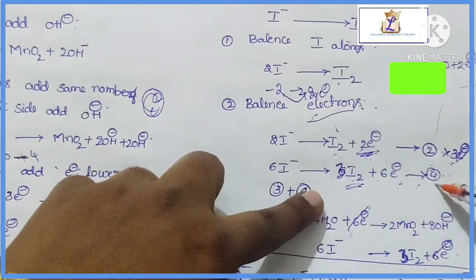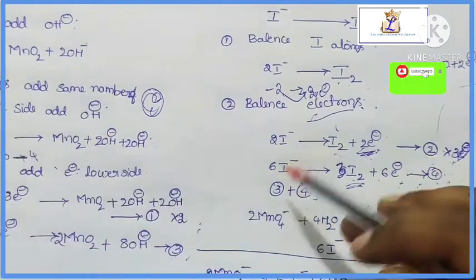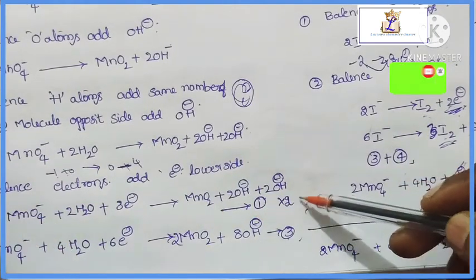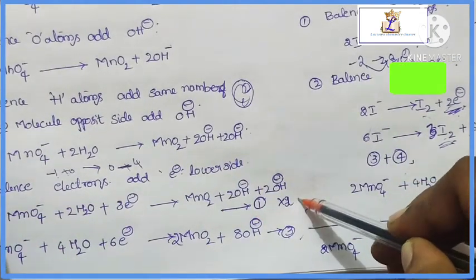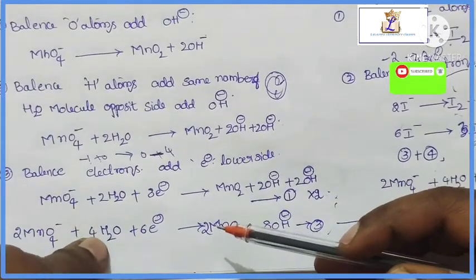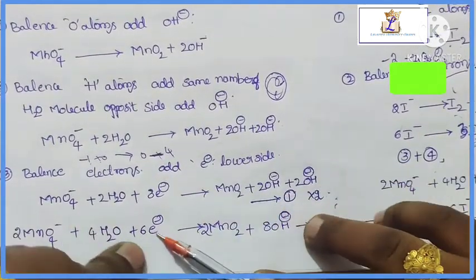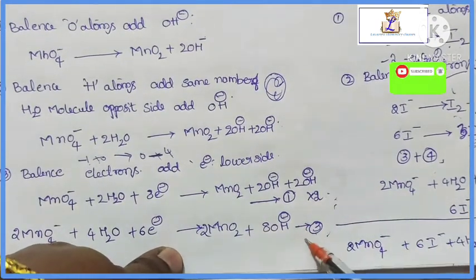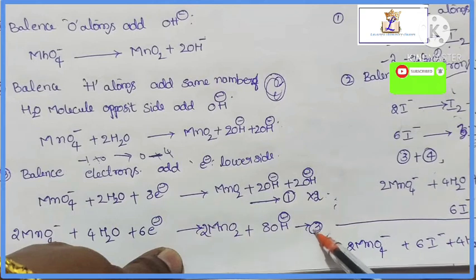This can be the fourth equation. And the first equation, MnO4 minus, is multiplied by 2. This changes to 2 MnO4 minus plus 4H2O plus 6 electrons gives 2 MnO2 plus 8OH minus. This is the third equation.